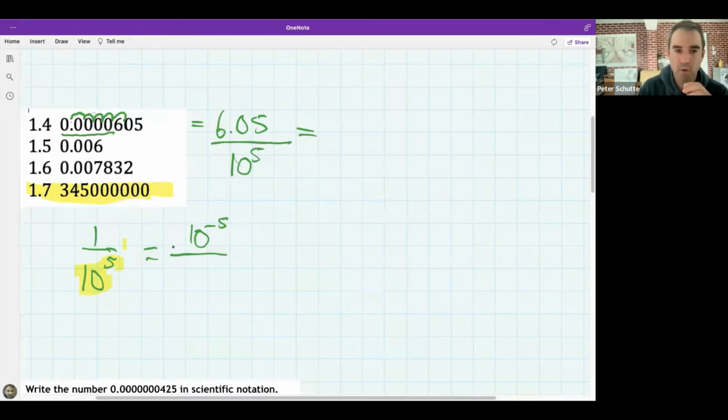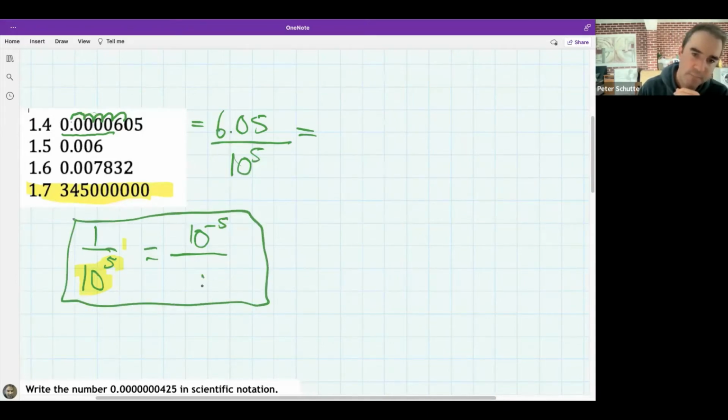So if you write times 10 to the power of minus 5, it's the same as dividing by 10 to the power of 5. The way students often think about it is if it goes from below the line to above the line, it changes from a positive to a negative.